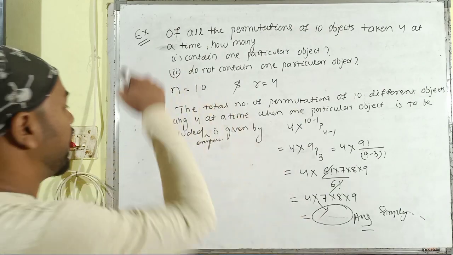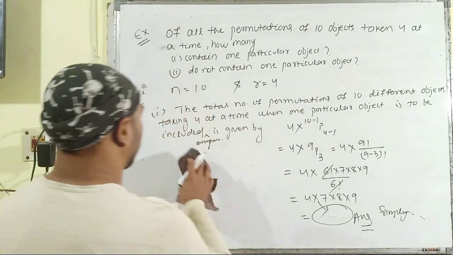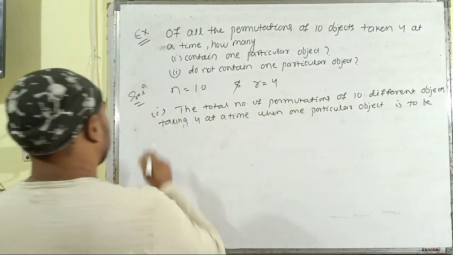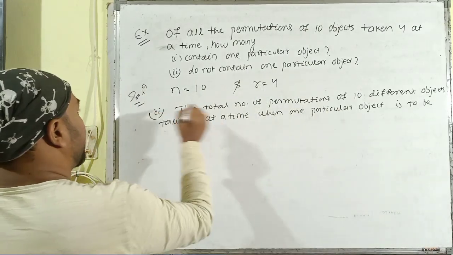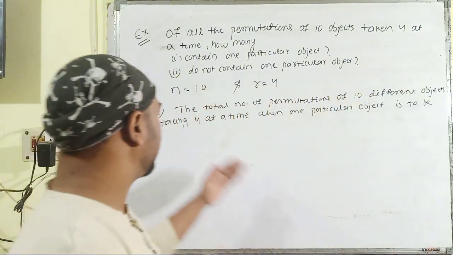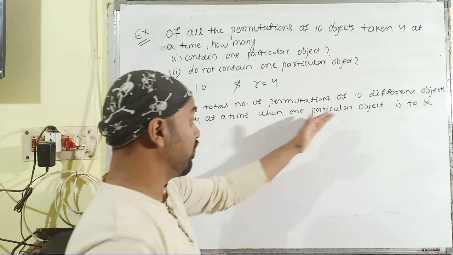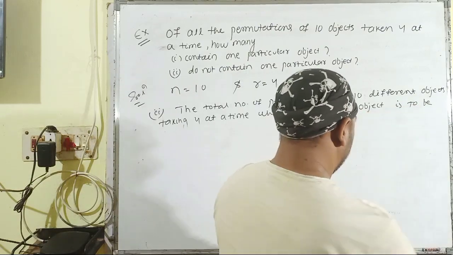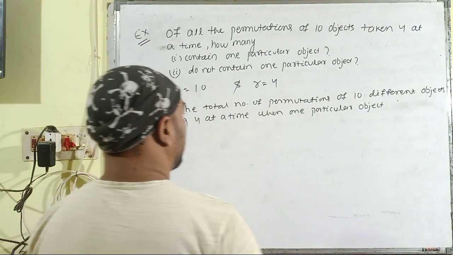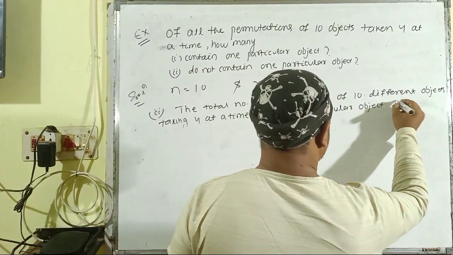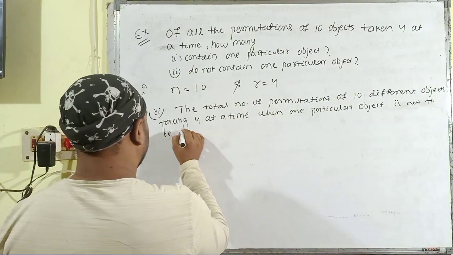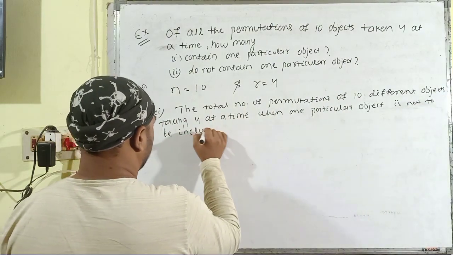Then moving to the next condition, the second part. Here we have to find the total number of permutations of 10 different objects taking 4 at a time when one particular object is not to be included.